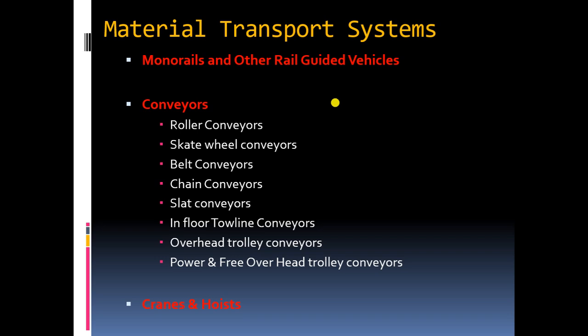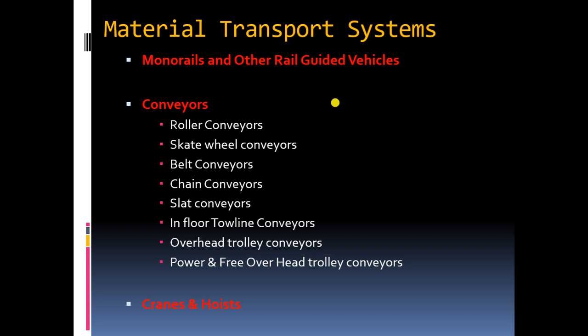Routing variations are possible in rail guided vehicle systems through the use of switches, turntables, and other specialized track sections. This permits different loads to travel different routes, similar to AGVs.